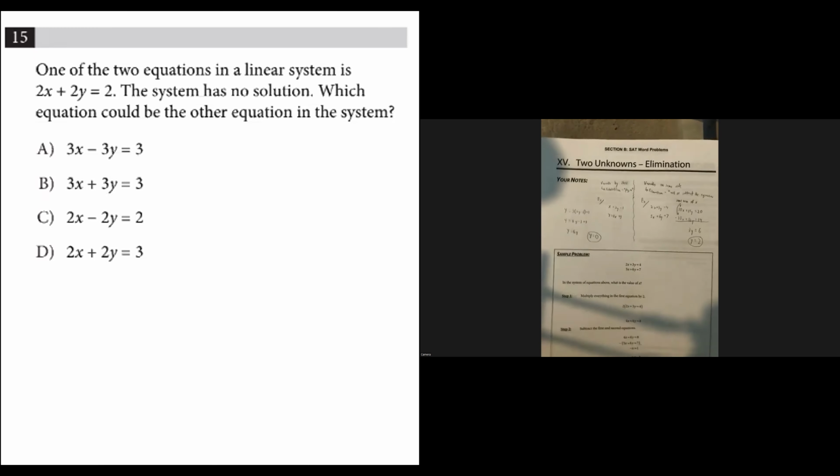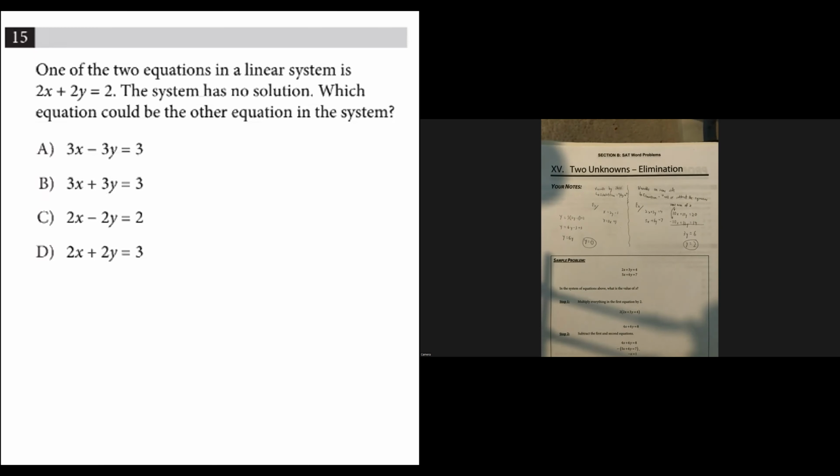All right, so for this one, we're given a system of equations where there are 2 unknowns, x and y. So there are 2 ways we can solve systems of equations.